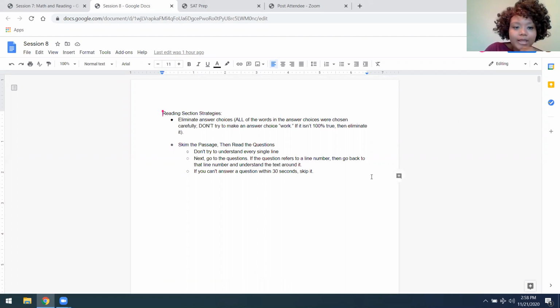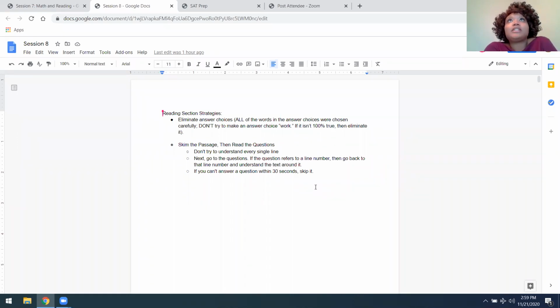When reading the passages for the reading section, you want to try to eliminate answer choices. That will help you get to the right answer. If you can cross out why an answer choice is incorrect, then that'll get you that much closer to finding the correct answer.